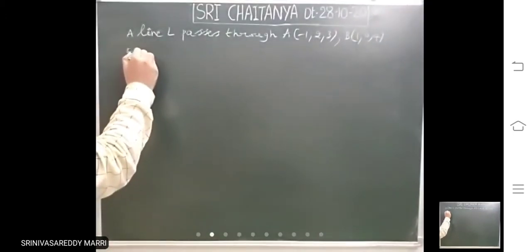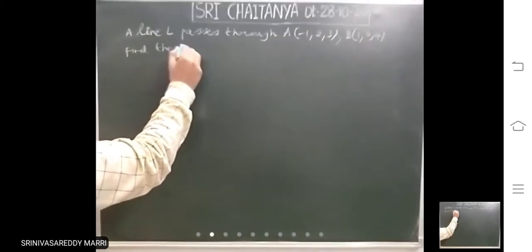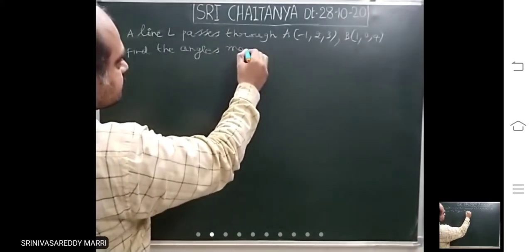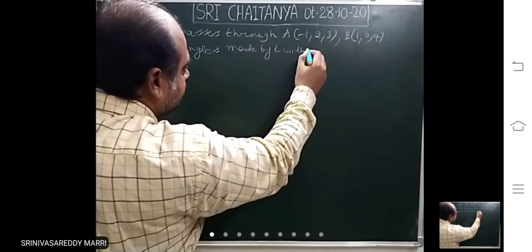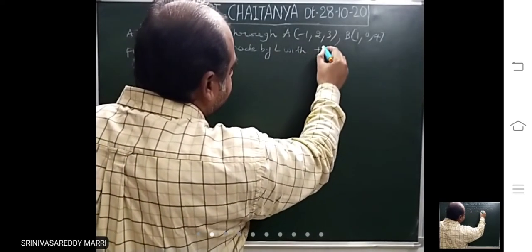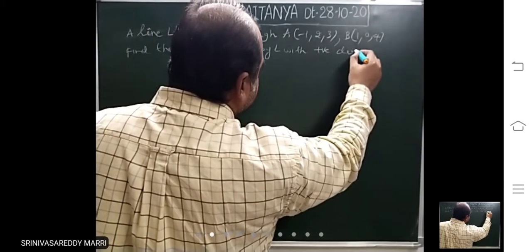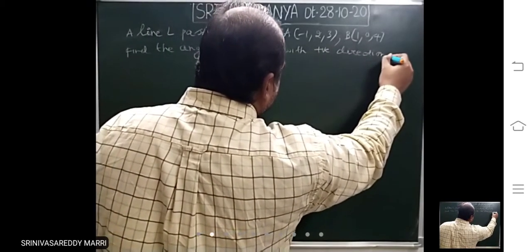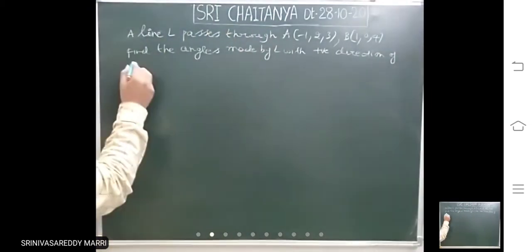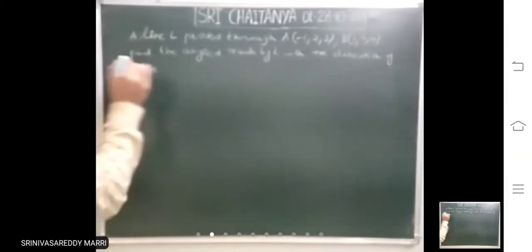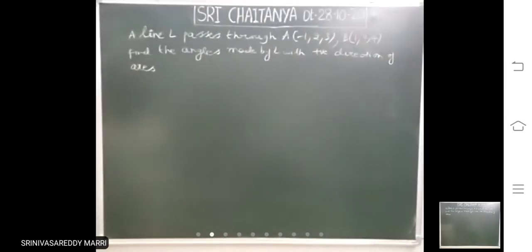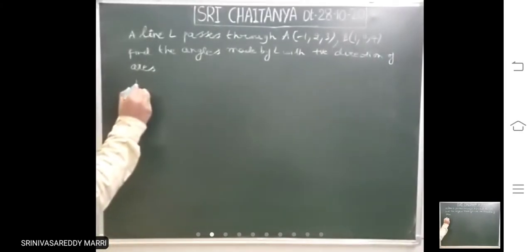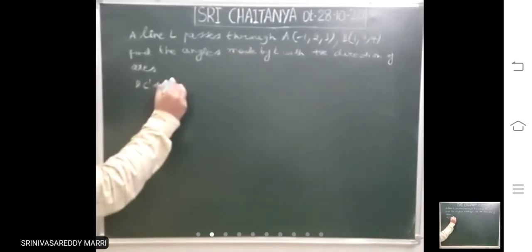Find the angles made by L with the positive direction of the axes. Look at this. Whenever the angle made by the line with the positive direction of the axes is asked, you have to find DCs.